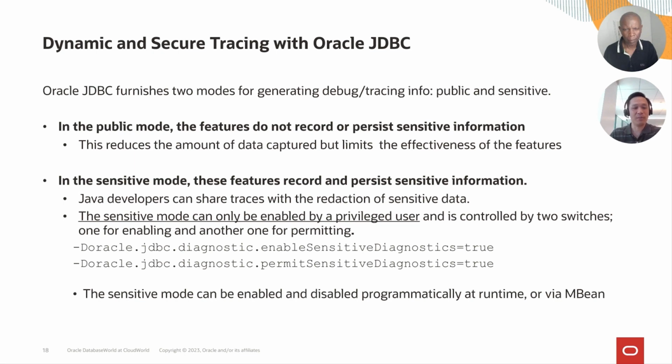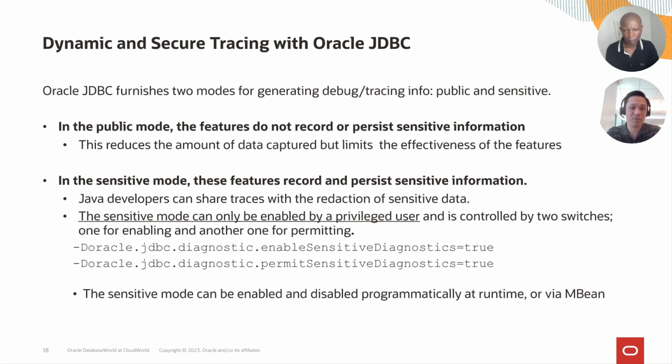And then for JDBC, we offer dynamic and secure tracing with Oracle JDBC as well. You have two methods to generate debug tracing for public and sensitive data. In public mode, the trace doesn't record or persist any sensitive information. So this reduces the amount of data captured but limits the effectiveness of the features.